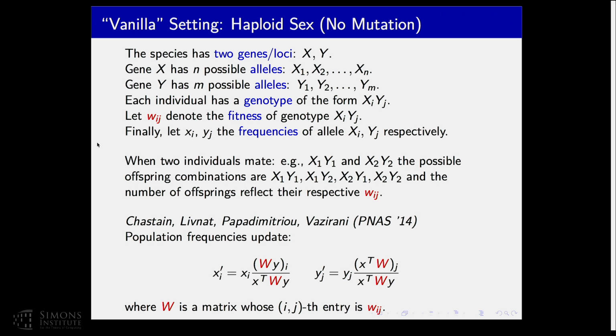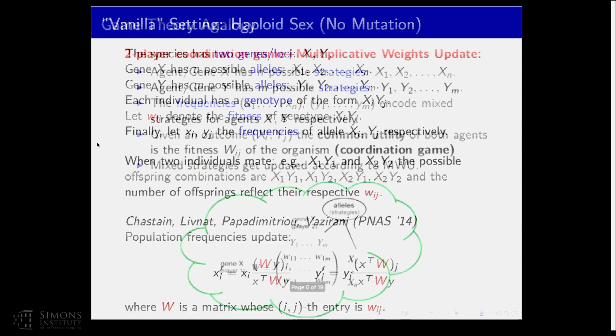The actual numbers of the offspring reflect their respective fitnesses. Okay? So if you do this fully panmictic mixing, then the frequencies of the different alleles change according to this rule. The only thing I want you to keep in mind about this rule is that it's nonlinear. Okay, so this is a complex dynamic.